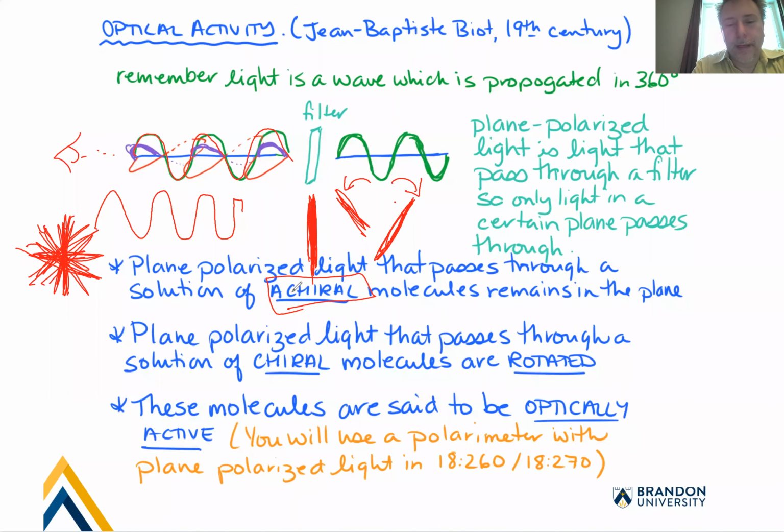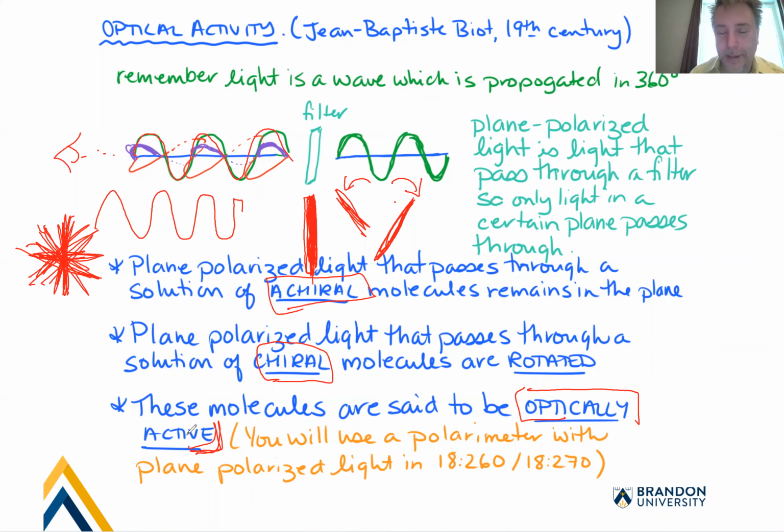Now I'd have to read the history of why they decided to try this experiment, but someone did and came to this conclusion. Because chiral molecules can rotate plane polarized light, they call these molecules optically active, because way back in the day this was the only way to determine if something was chiral or not.